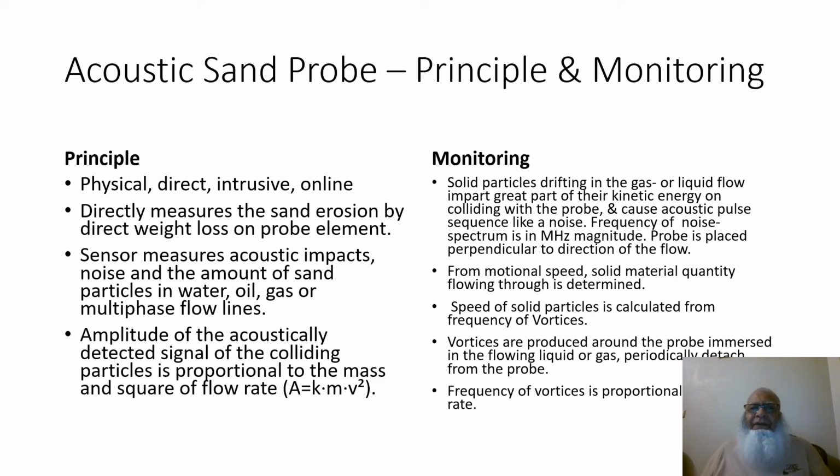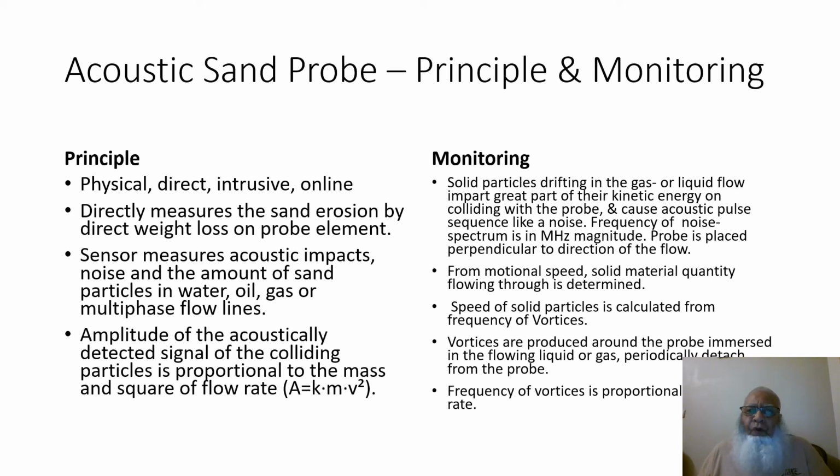It monitors the solid particles drifting in the gas or liquid flow, which impart a great part of their kinetic energy on colliding with the probes, and cause an acoustic pulse sequence like noise. The frequency of the noise spectrum is in megahertz magnitude. The probe is placed perpendicular to the direction of the flow.